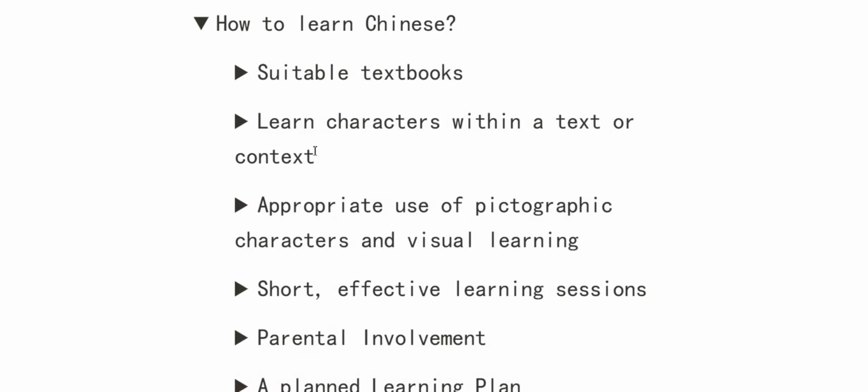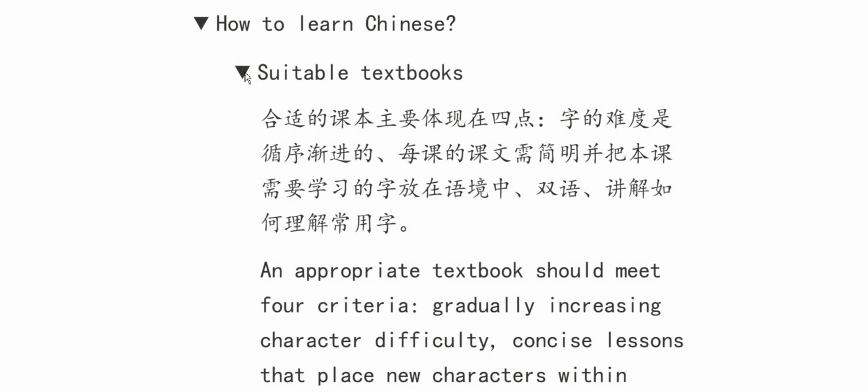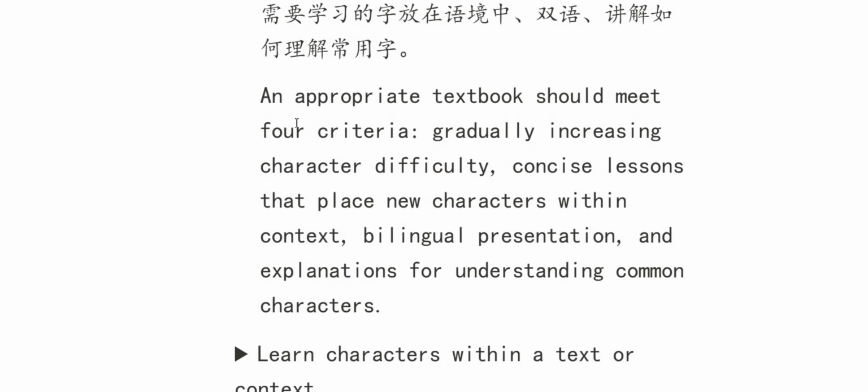If we want to learn Chinese, we need suitable textbooks first. An appropriate textbook should meet four criteria. Gradually increasing character difficulty. This first criterion is the most important.